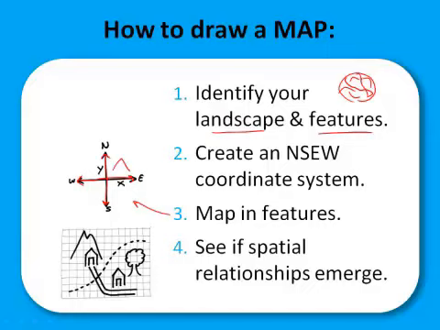So here's the mountain, here's the house, here's the road, here's the tree, etc. We map them in, and then we look to see at our map if any spatial relationships emerge that might be important to note to recognize where we should go in our world. That's how we draw a map.